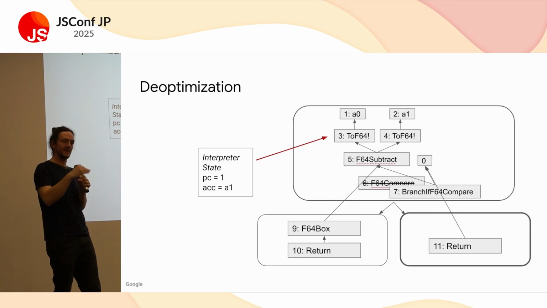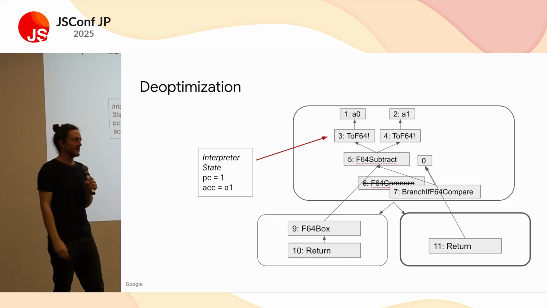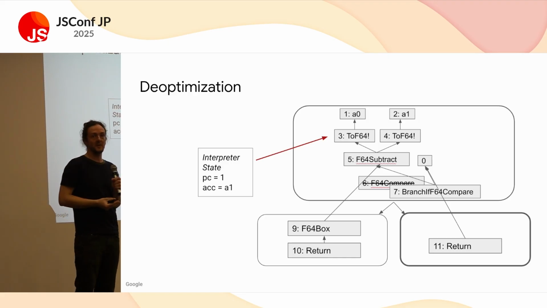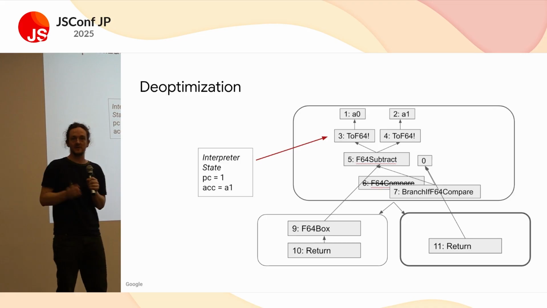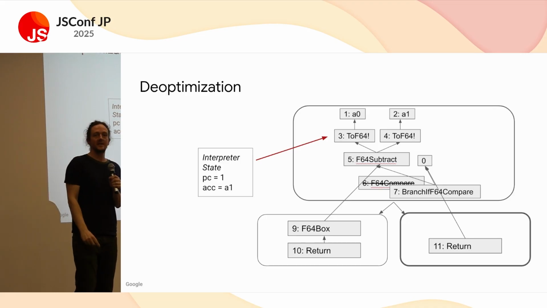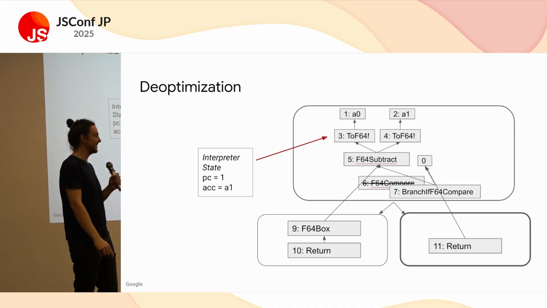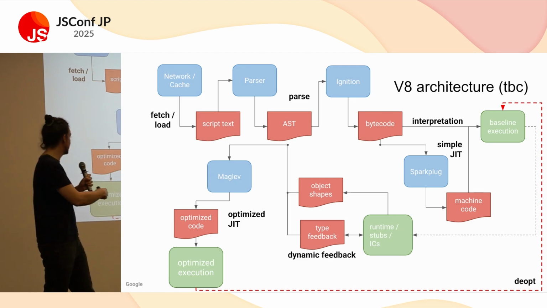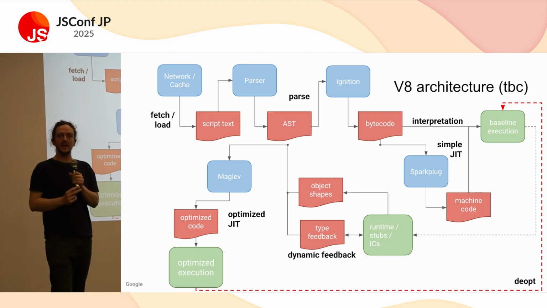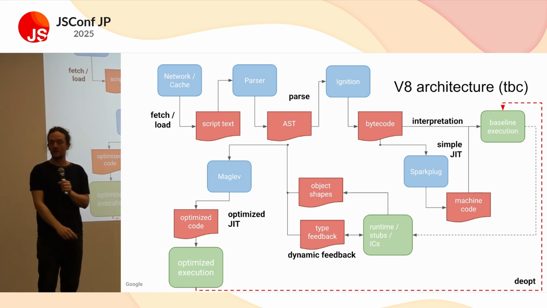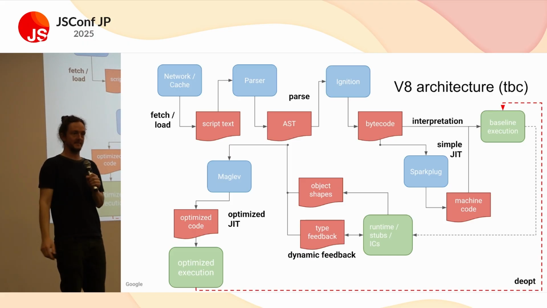That was the first load instruction, right? And as soon as we have this information, we basically know how to get back. So we can just say, okay, exception, roughly speaking, let's stop the execution of this code. Let's reconstruct how the interpreter would look like, and then resume from there. So this is this red arrow. So whenever we have optimized code, we need to be prepared to go back.